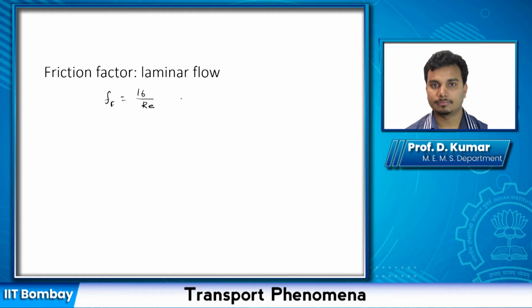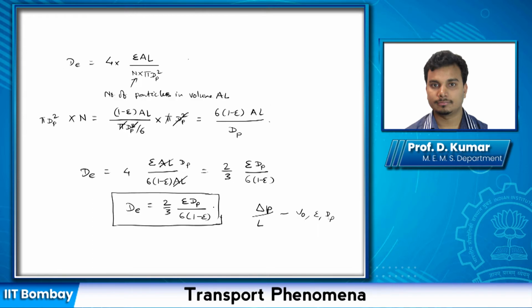In this case, Re we can define typically as d_e v rho by mu. Here we can replace this average velocity by the superficial velocity. So this will be V naught by epsilon, where epsilon is your voidage, and then for d_e we have seen the equation here, so we can use that.